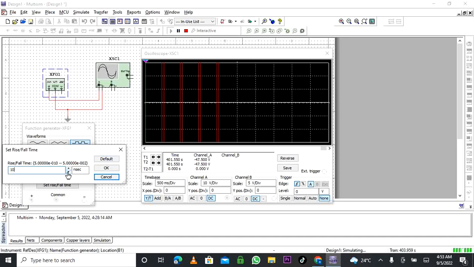So that is how we use the function generators and how we use the scopes.